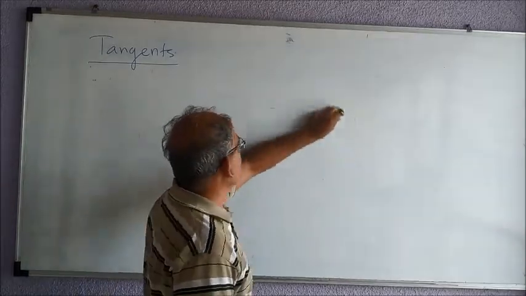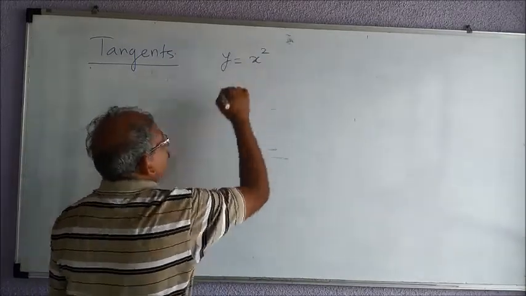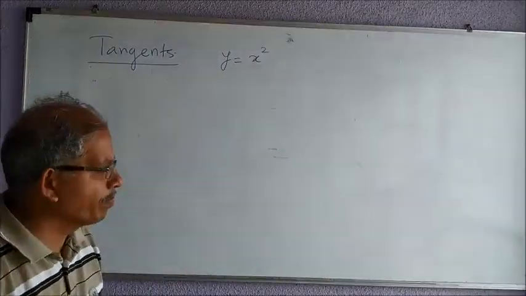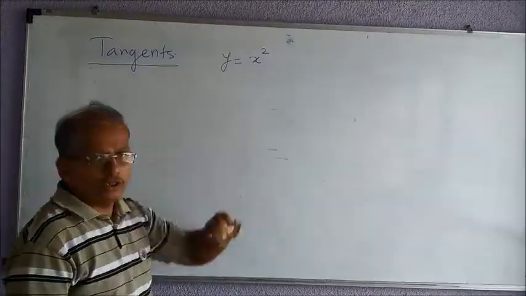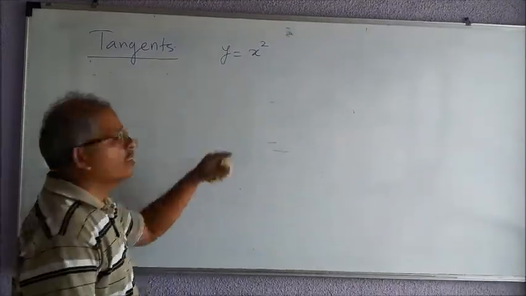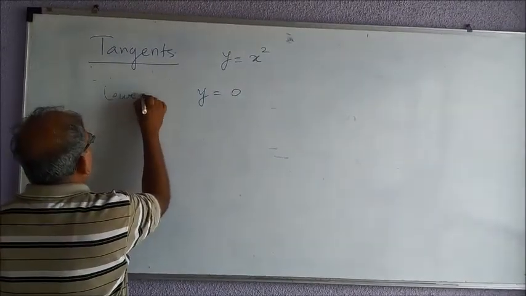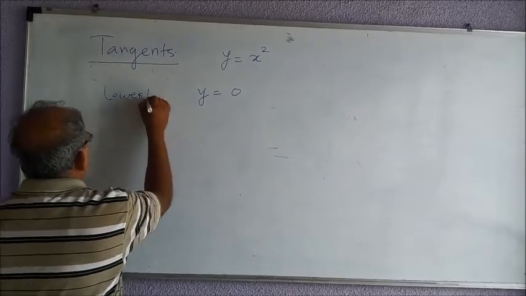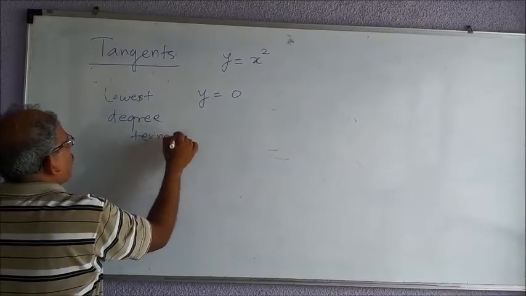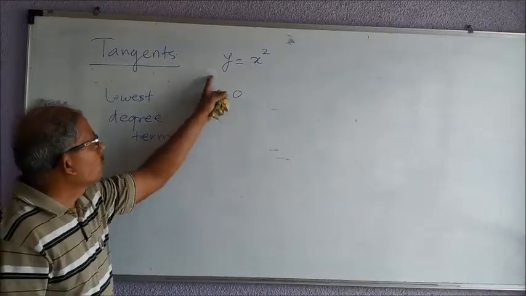So now let me take some curves. Let me take y is equal to x square. First of all I am taking known curves so that you can easily determine. Now in this equation, what is the lowest degree term? The lowest degree term is of course y. So if I equate y equal to 0, what is this equation?